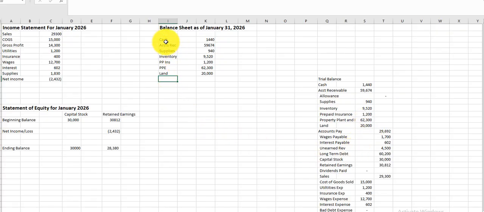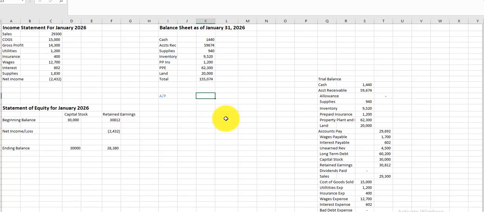Okay. Now, these first five are current assets. Okay. So once we have this all in balance, we could go back and put a subtotal for the total current assets. But let's just do the total. And then let's go ahead and put in our liabilities.